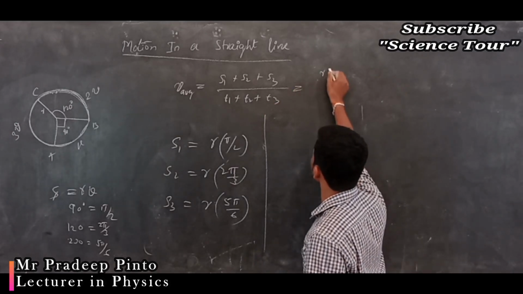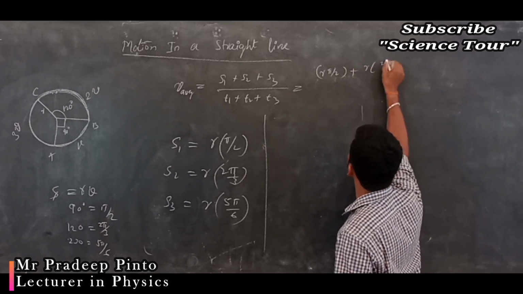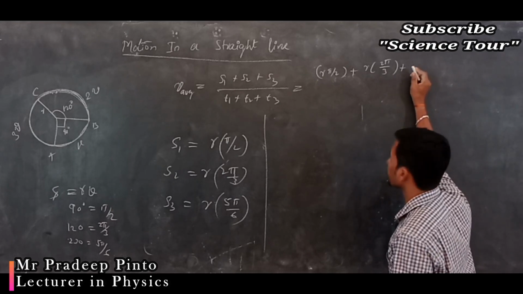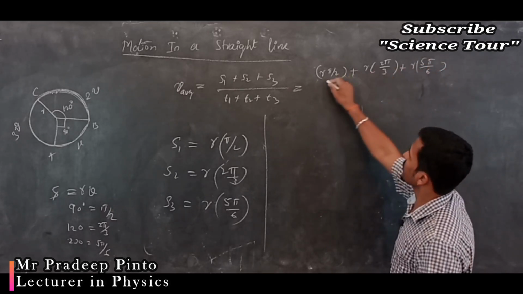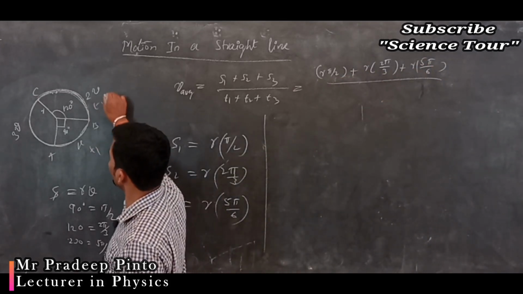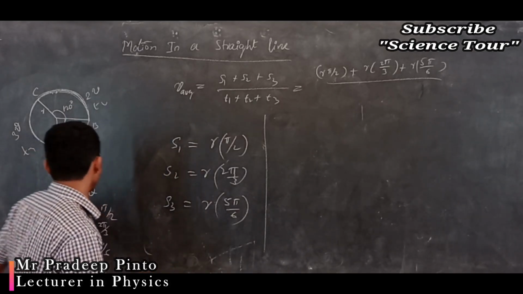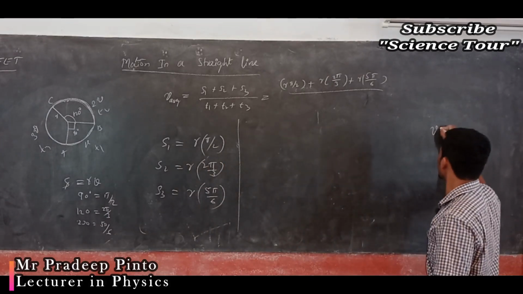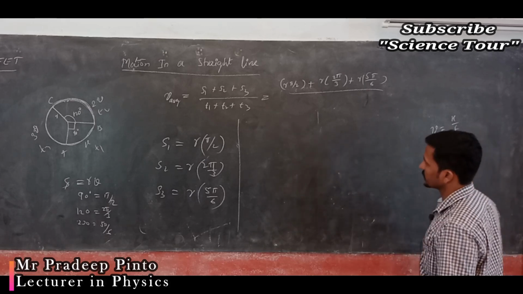S1 is r into pi by 2 plus r into 2 pi by 3 plus r into 5 pi by 6, divided by T1, T2, T3, which you don't know. How are you going to write them down? You know that speed is equal to distance by time, so time is equal to distance by velocity.